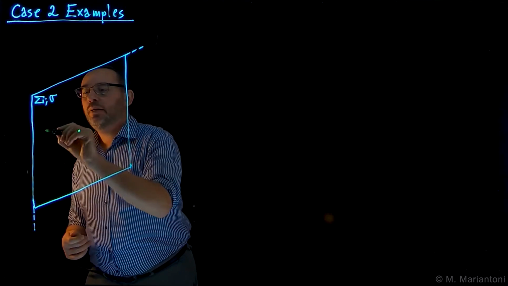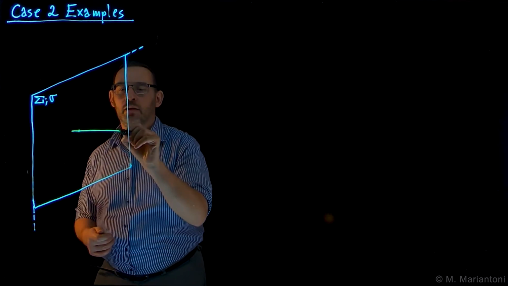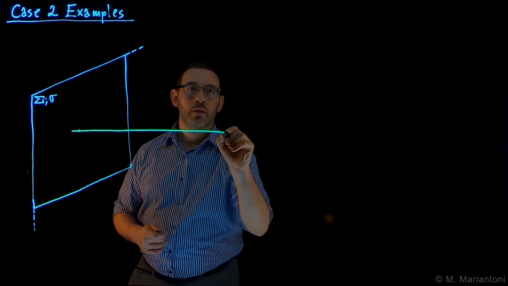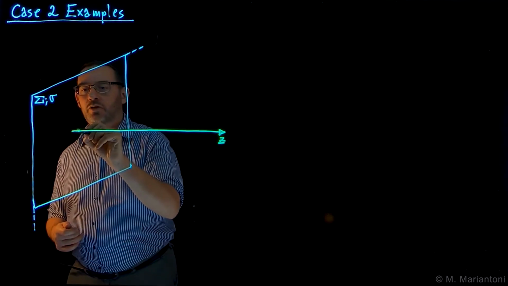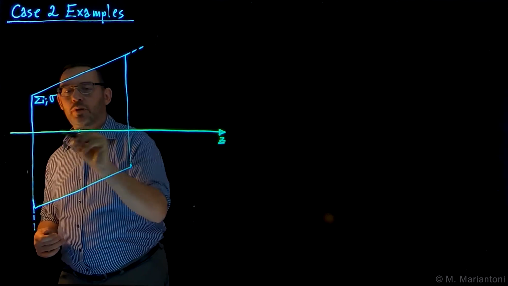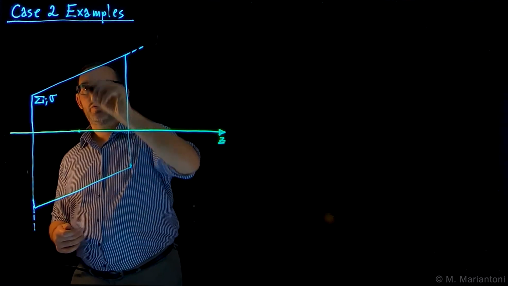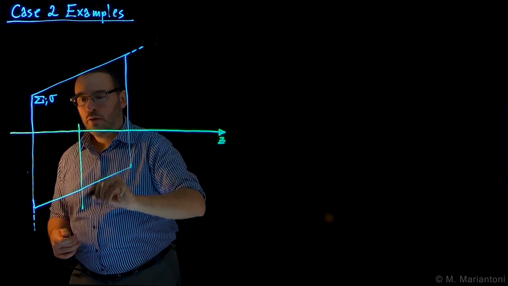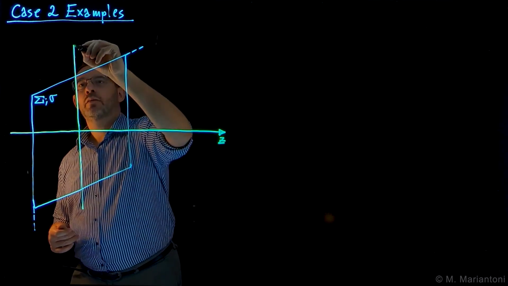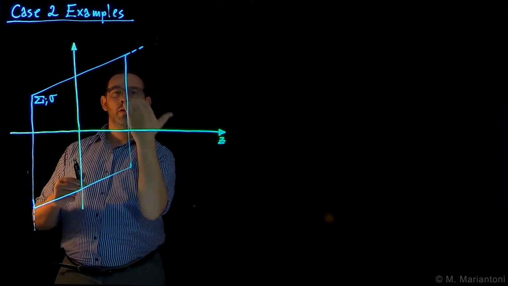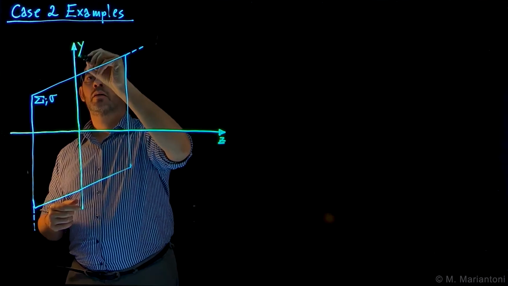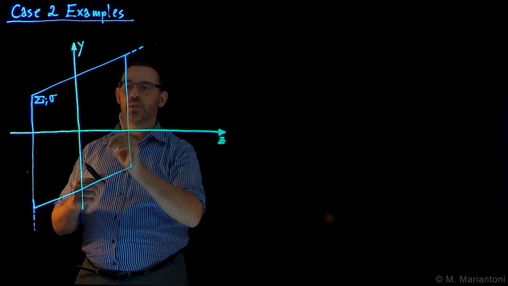We want typically this to be the z-axis. This is the origin, the axis continues all the way here. This is our y-axis. We want the right-hand rule, so this will be the x-axis.